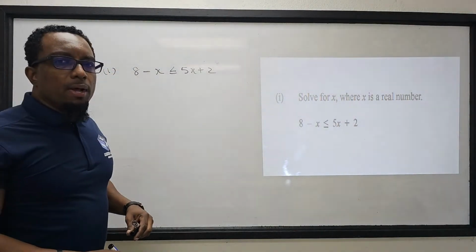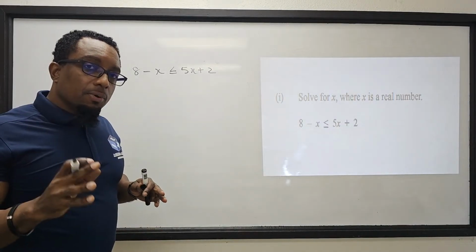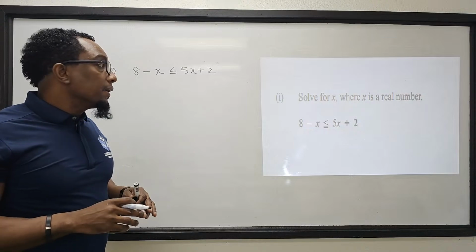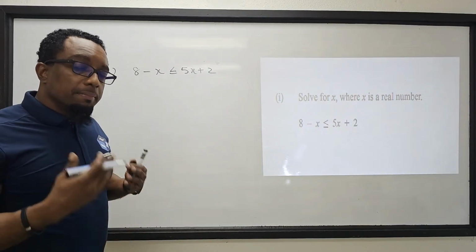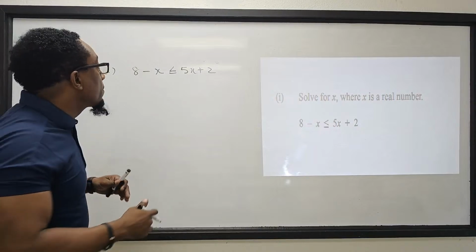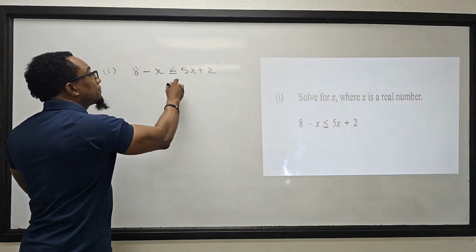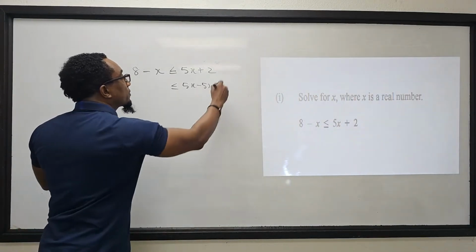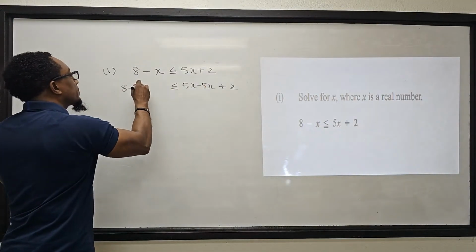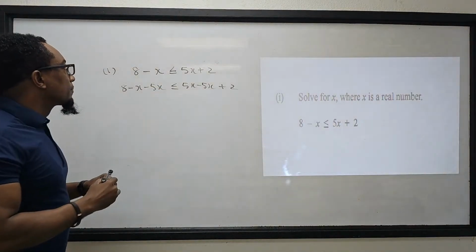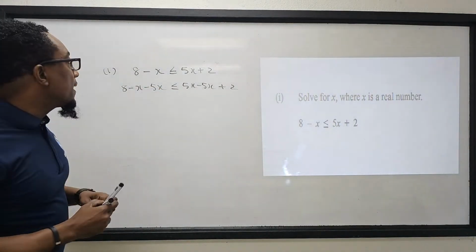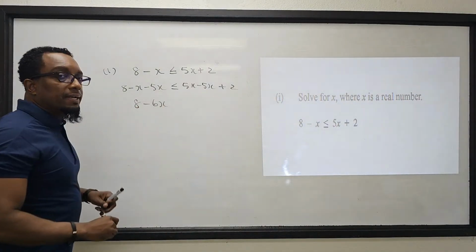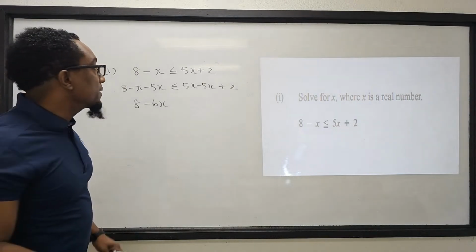So we want to get all the letters, all the x's on the left of the inequality symbol. Make sure you have it on the left and all the numbers on the right. And you want to make sure x is positive. So I'm going to remove 5x from the right by subtracting 5x from both sides. And when I simplify both sides, I'm going to get 8 subtract 6x, negative x subtract 5x, it's negative 6x.